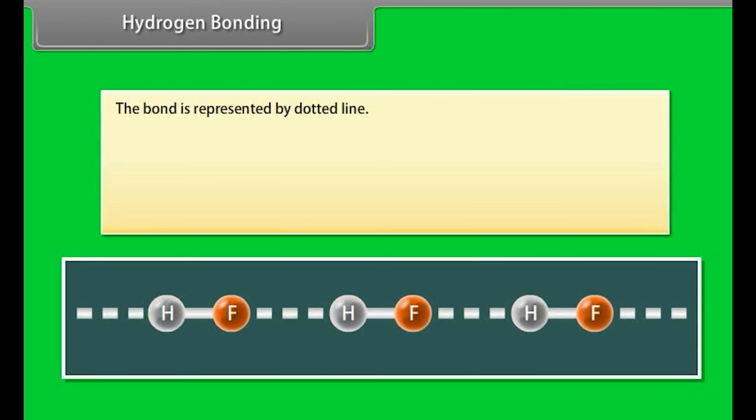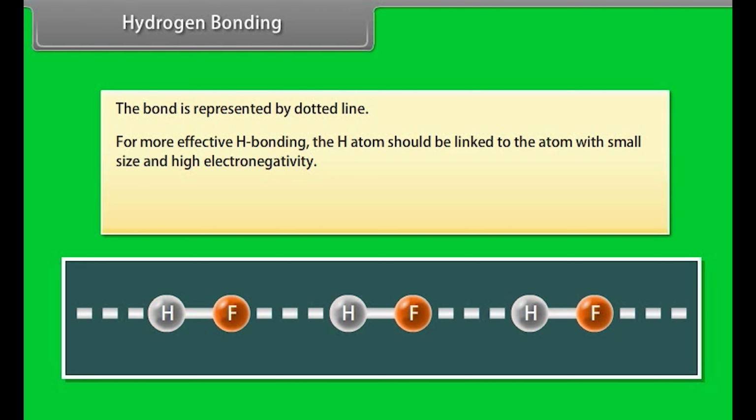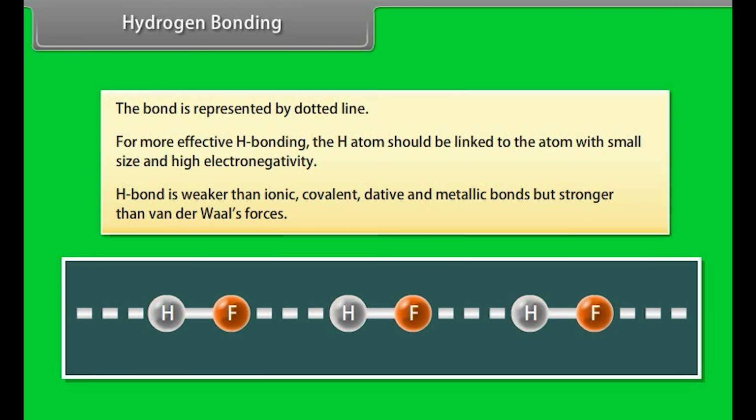The bond is represented by a dotted line. For more effective hydrogen bonding, the hydrogen atom should be linked to an atom with small size and high electronegativity. Hydrogen bond is weaker than ionic, covalent, dative and metallic bonds, but stronger than van der Waals forces.